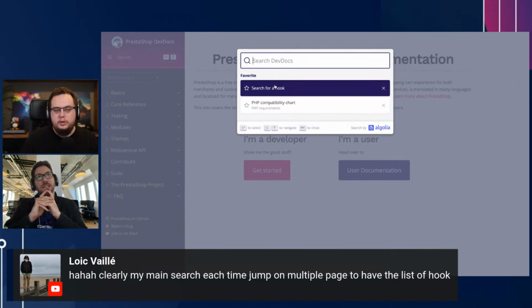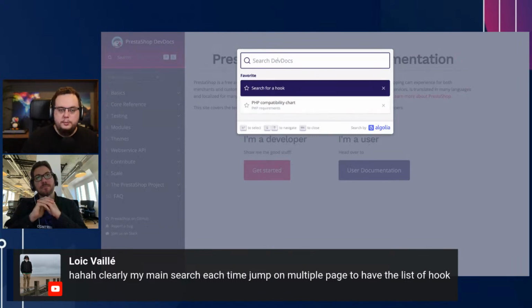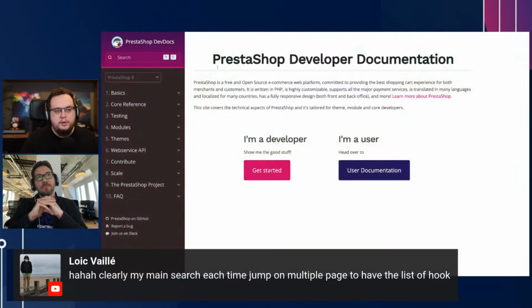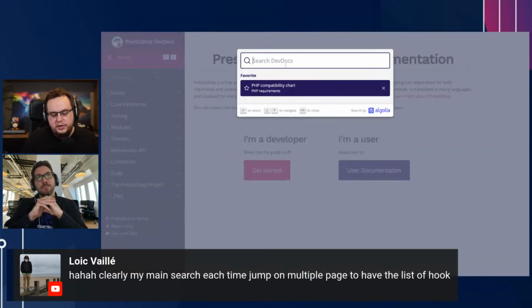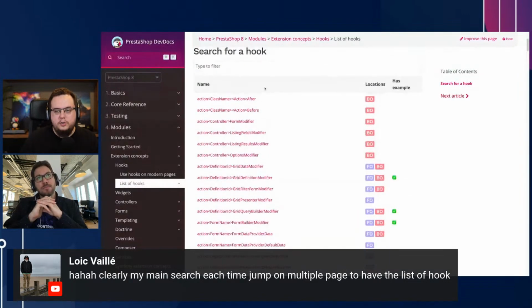For example, I very often look for the list of hooks or how the PHP compatibility chart looks on the developer documentation. So if I remove this result and refresh the page, and now search for list of hooks, I do have it as a first result, so I can click on it.